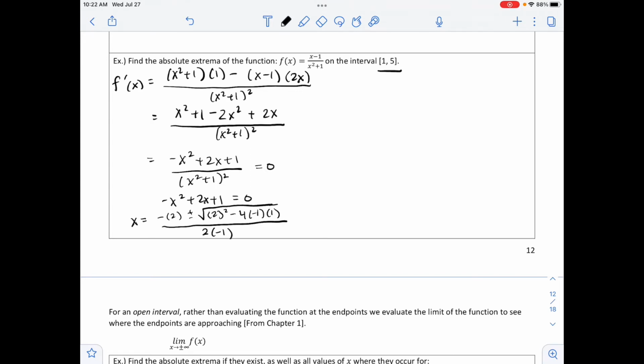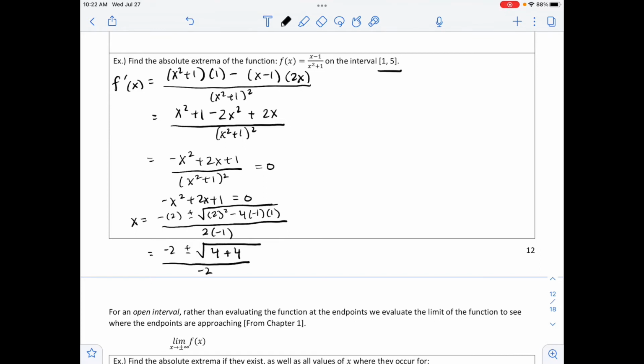And from here we can clean this up. We get negative 2 plus or minus the square root of 2 squared, which is going to be 4, minus 4 times negative 1 times 1, which would make this positive 4, all over negative 2.